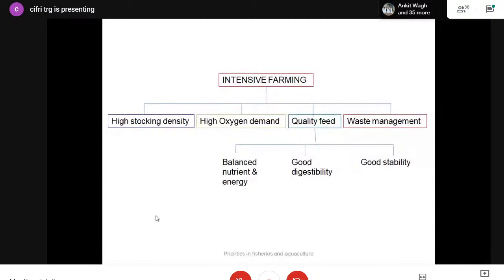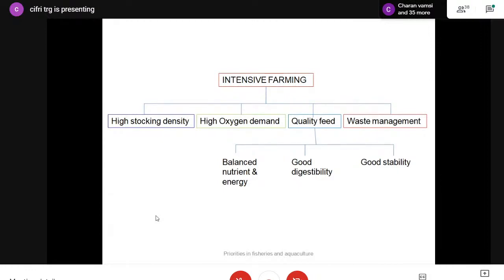So it is not that much of a loss. But in an open water system, once the feed disintegrates, it will be out of the system, and that feed will not be available for the fish or any other organism. And since it is an open water system, we cannot regulate or control the parameters.